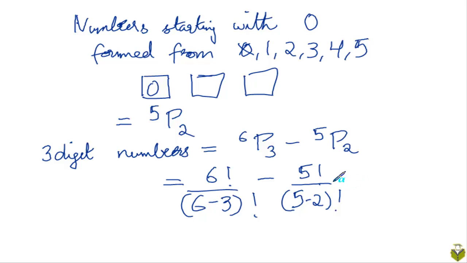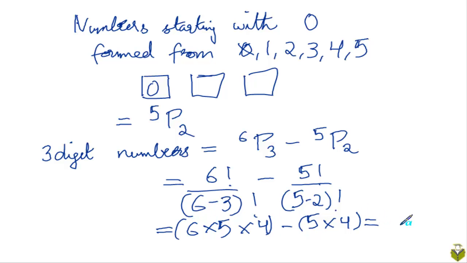But you should be able to compute it faster and faster with practice. And this will be equal to 6 into 5 into 4 minus 5 into 4, right? And this is 120 minus 20, and this will be 100. So this is the answer.